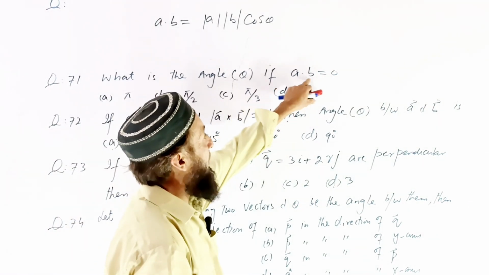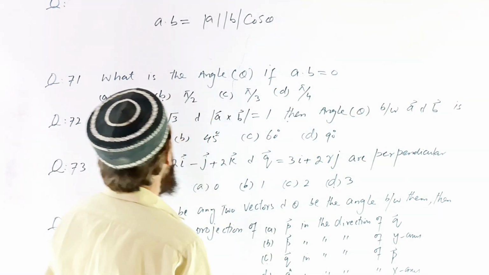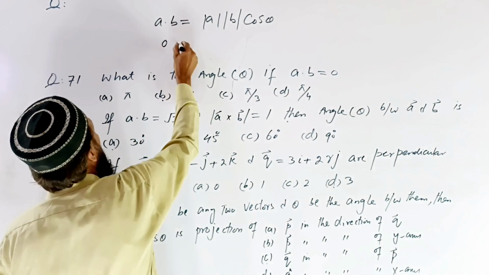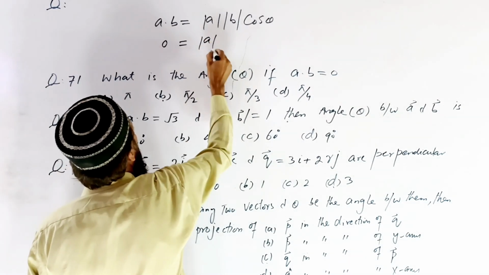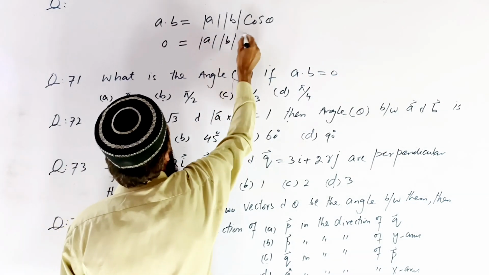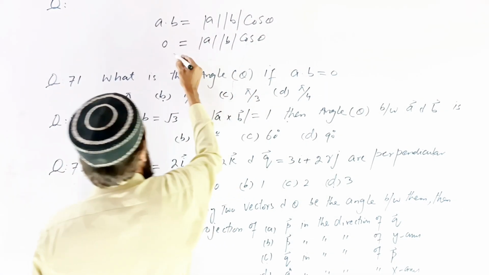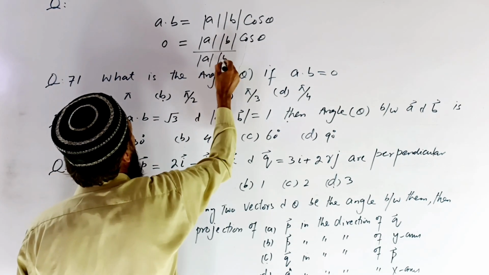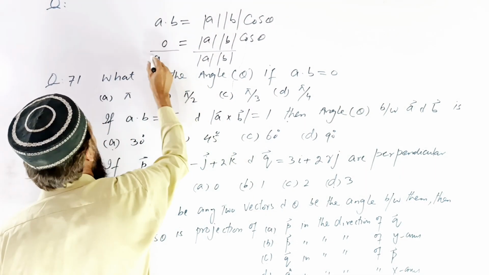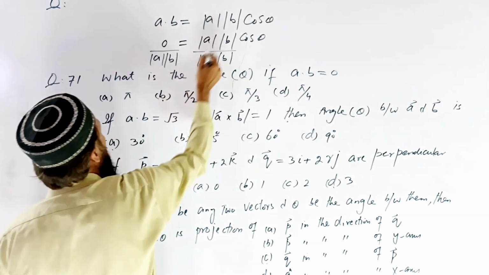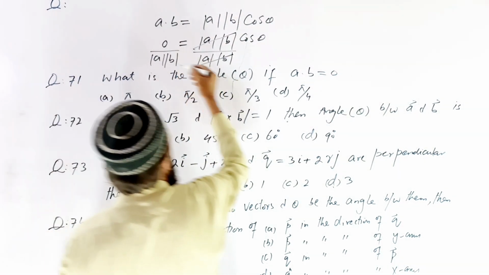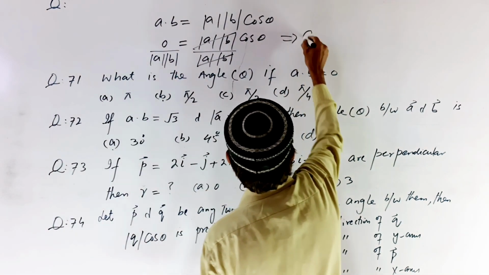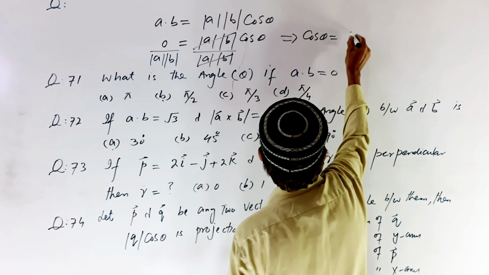If the condition is given A dot B is equal to 0, dividing both sides by magnitude A and magnitude B, both are cancelled, and we get cos theta is equal to 0.